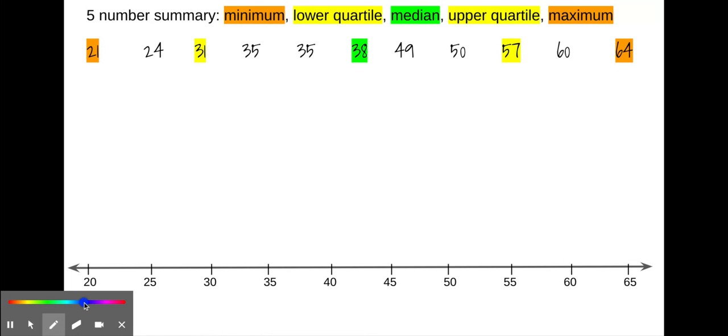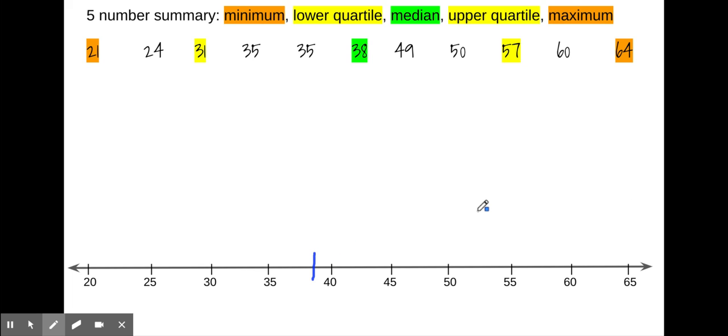So what I'm going to do here is start by drawing some vertical lines on my number line in the approximate location of these numbers for the 5-number summary. So there's 38, and that would be my median.